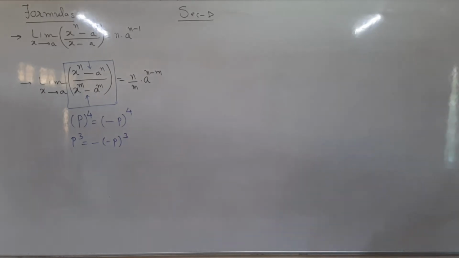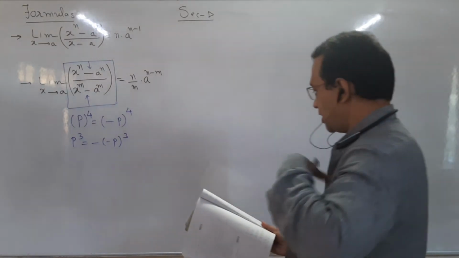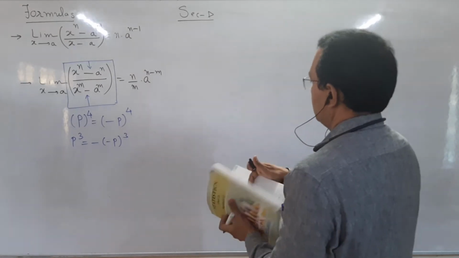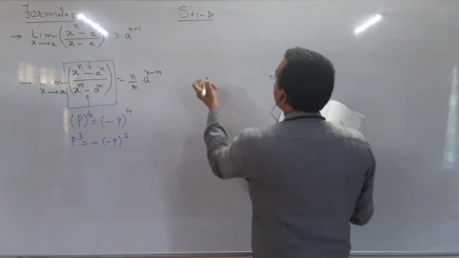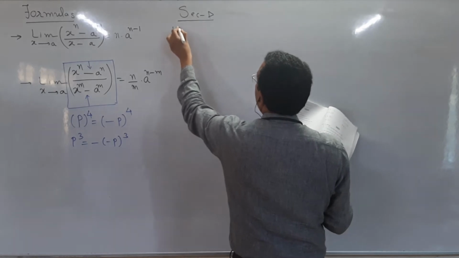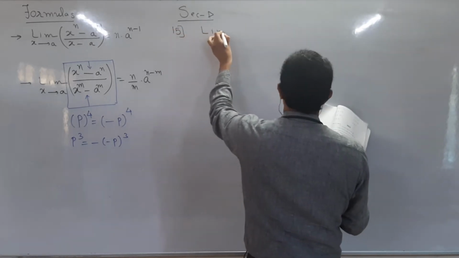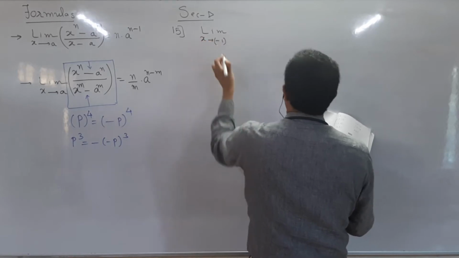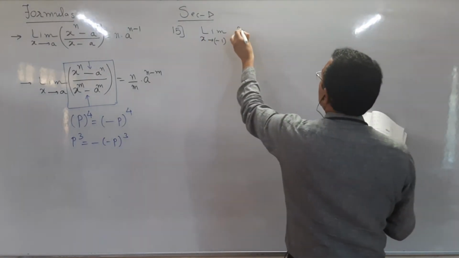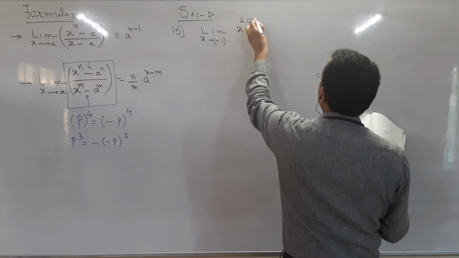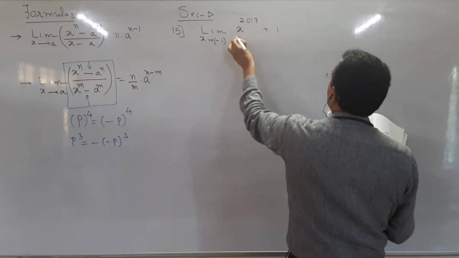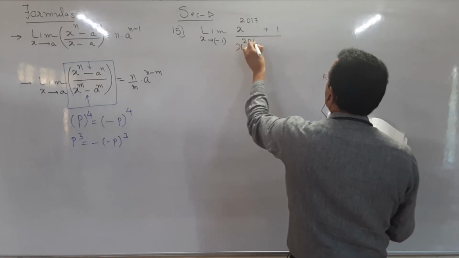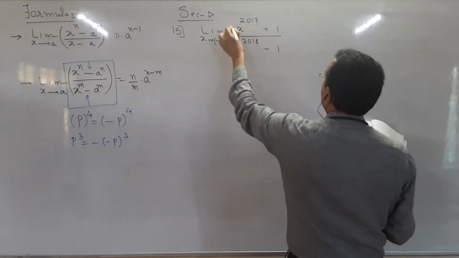Okay, now we are doing sum number 15. Now, the 15th question is like this: limit x tends to minus 1, x raised to 2070 plus 1 upon x raised to 2018 minus 1.